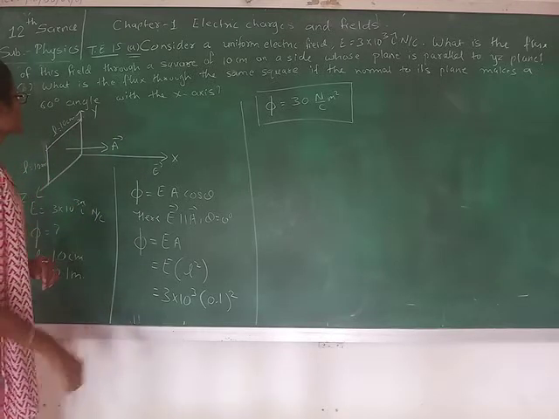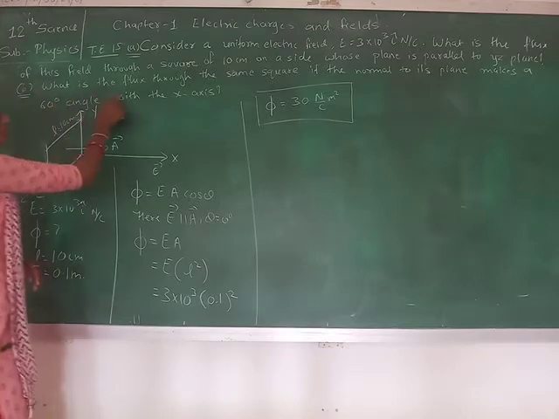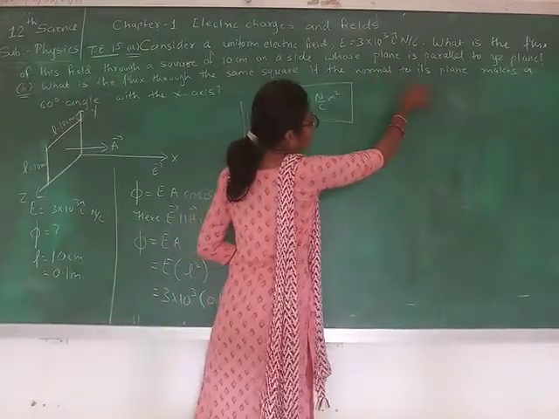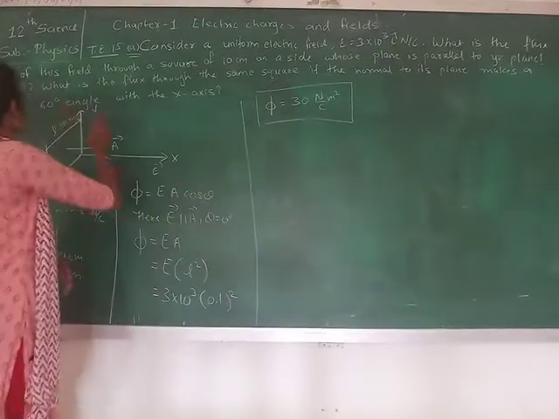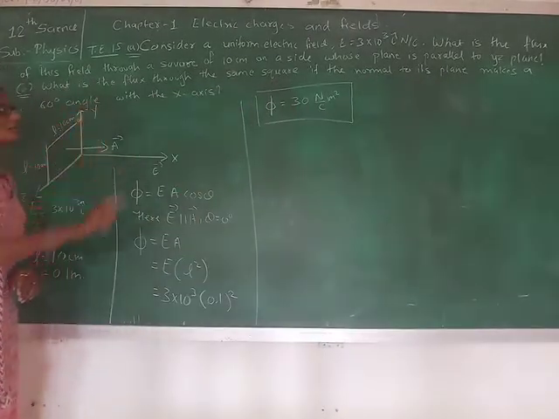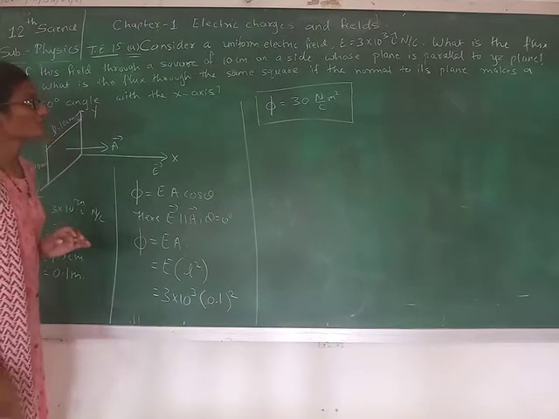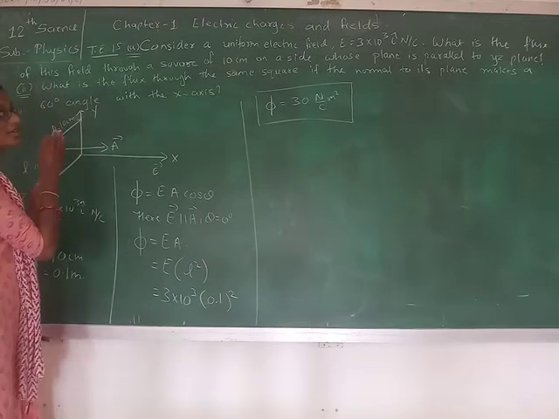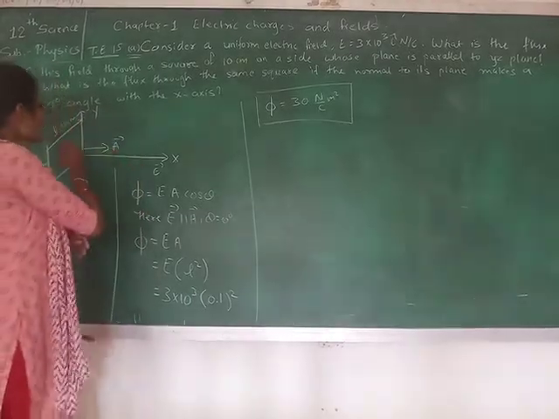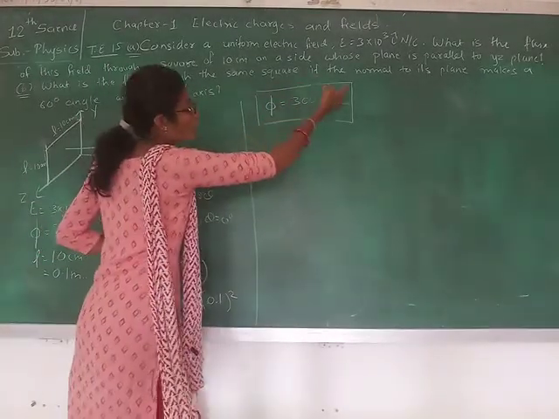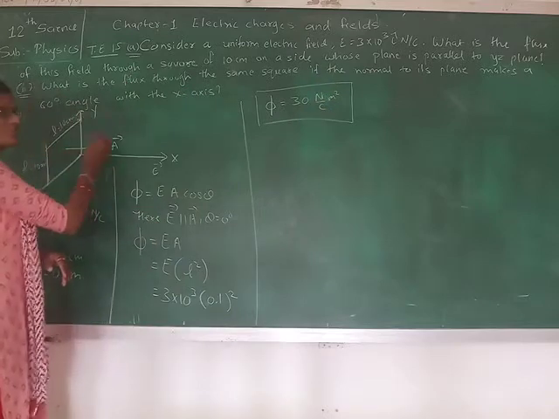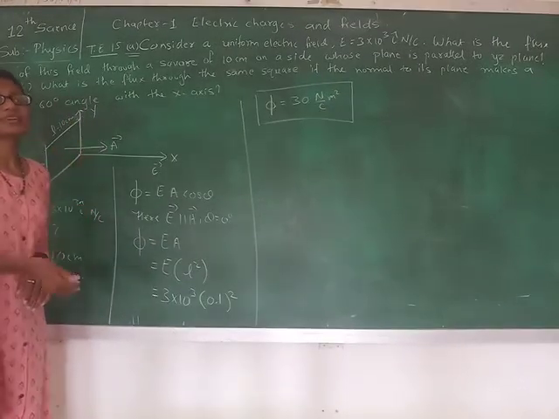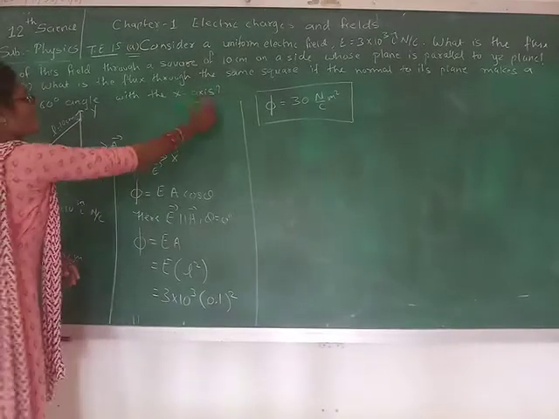Now let us see the second part. What is the flux through the same square if the normal to its plane makes a 60-degree angle with the x-axis? We are taking the same square whose length is 10 centimeter. But now the normal of its plane, that is the area vector of the square, makes a 60-degree angle with the x-axis.